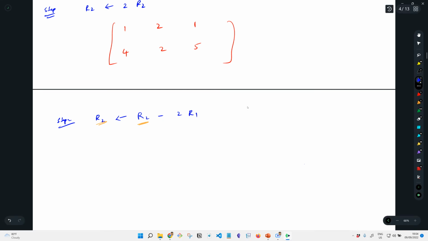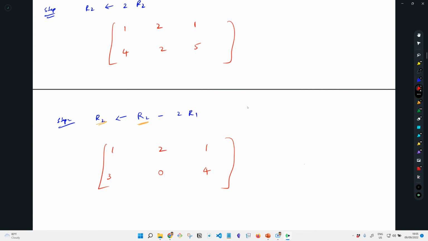Now, can you tell me what will happen when you do R2 equals R2 minus R1? The matrix will reduce to 1, 2, 1. Sir, but we are doing R2 minus 2 R1.